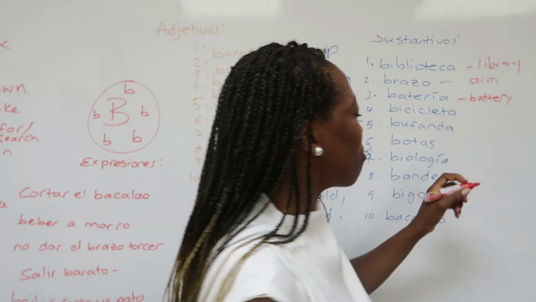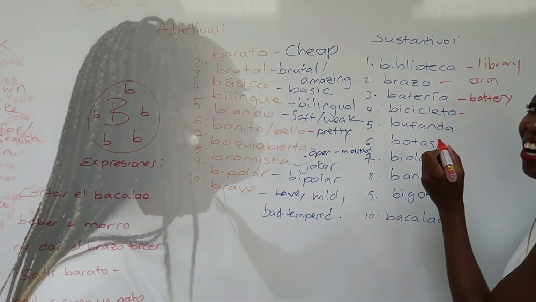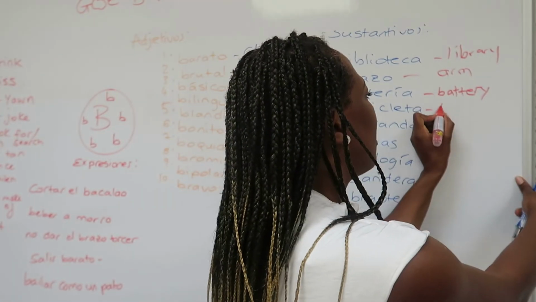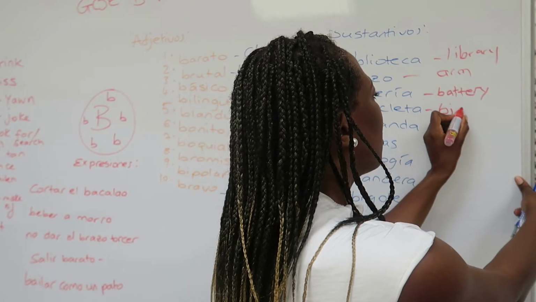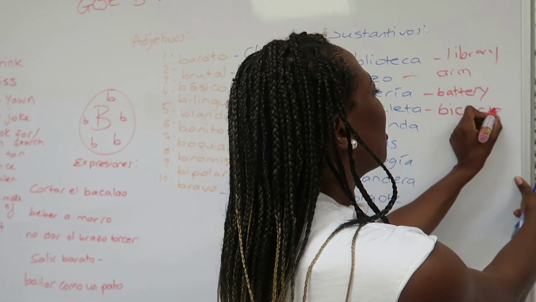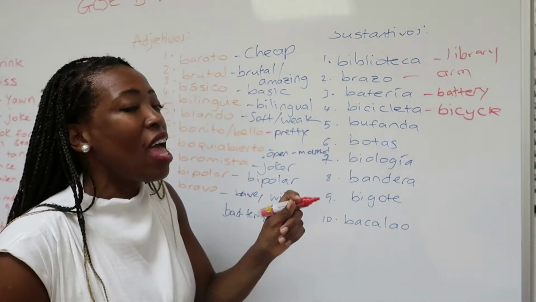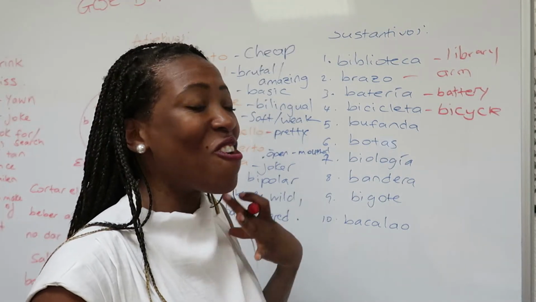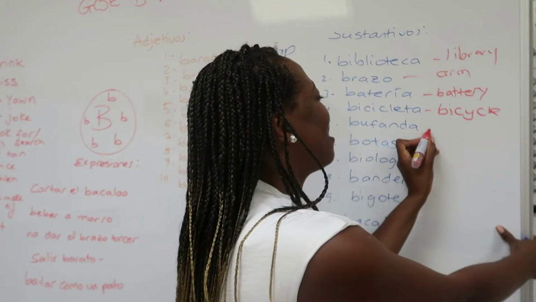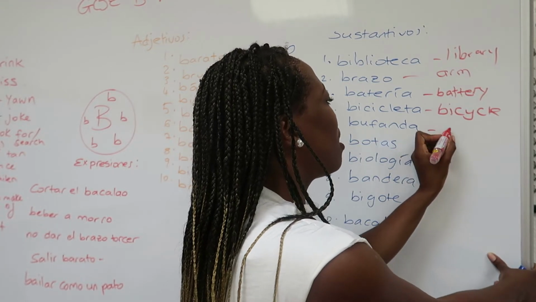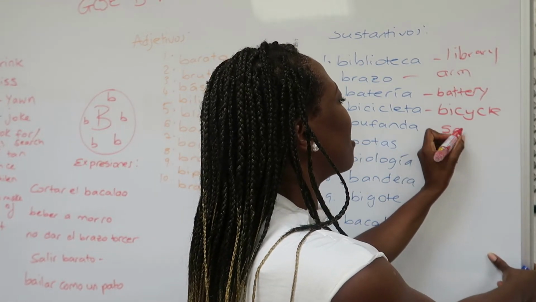Next, bicicleta. Okay, so your bicycle. And when you're doing your section on clothes, obviously this is one of your items, which is a scarf.